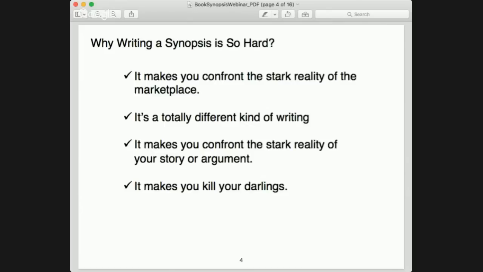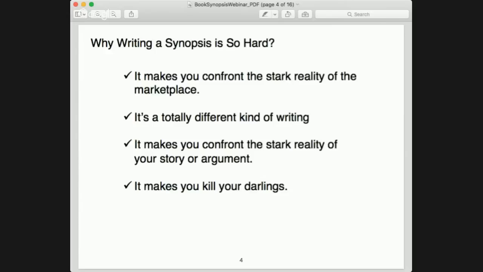Some things that you really are attached to might not even appear in the synopsis at all. So it makes you look at those things. And what you really are doing is, again, that performance anxiety, coming out from behind the veil in some ways. And that's why it's so hard.